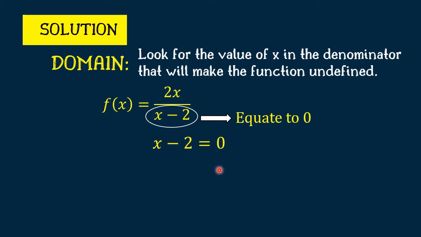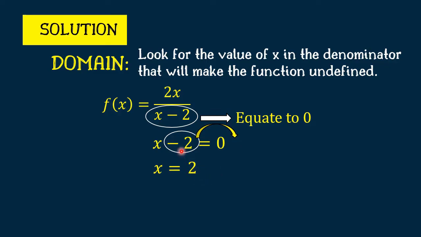The shortcut way here is by transferring negative 2 to the right side of the equation. So, it will become x is equal to positive 2. So, kapag inilipat natin ang isang value sa kabilang side, nag-iiba na ang kanyang sign.